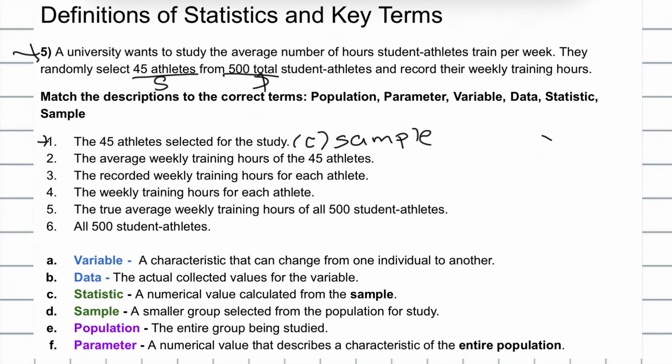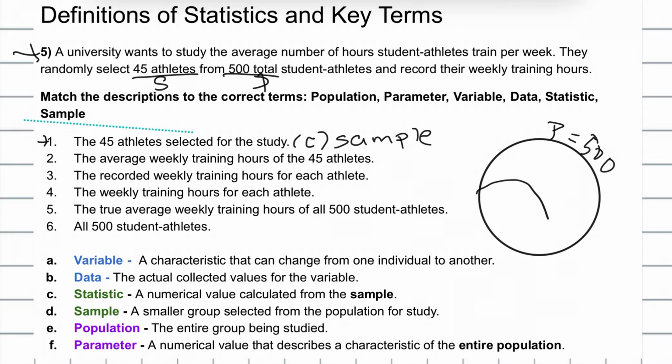Because out of a whole population of student athletes, which is 500, 45 of them, which is smaller, are being studied. So number one is the sample.